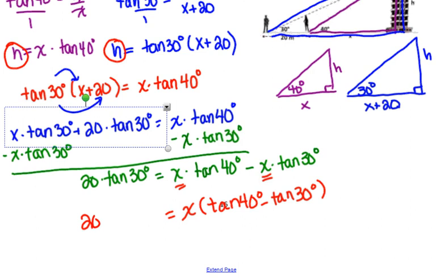And on the left side, I'm still working with that 20 times the tangent of 30 degrees. The factoring was really useful because now I can simply isolate the x by dividing both sides by the tangent of 40, subtract tangent of 30.